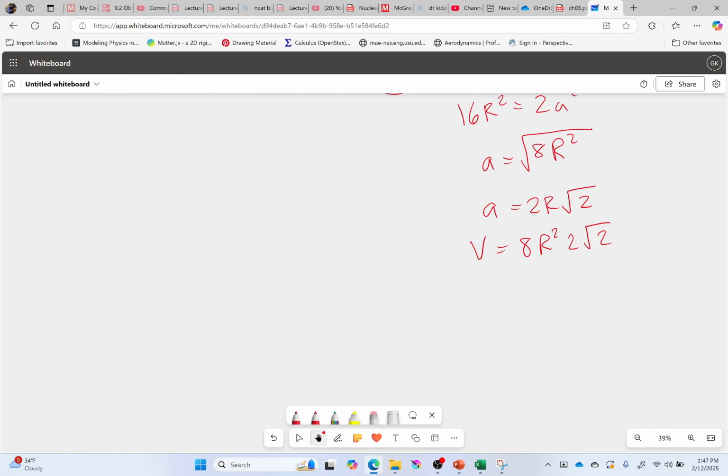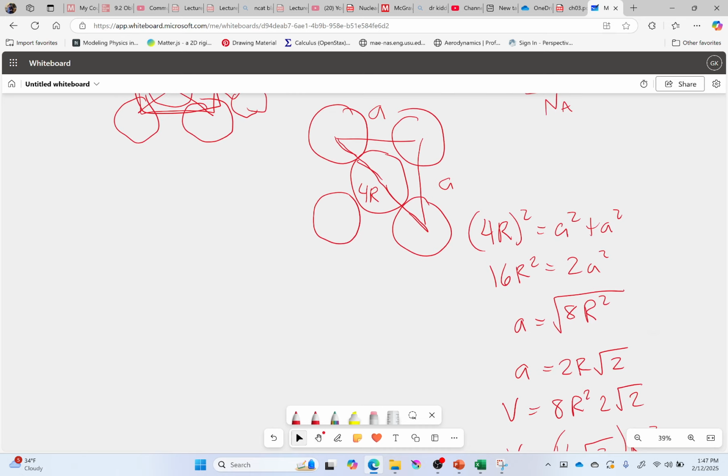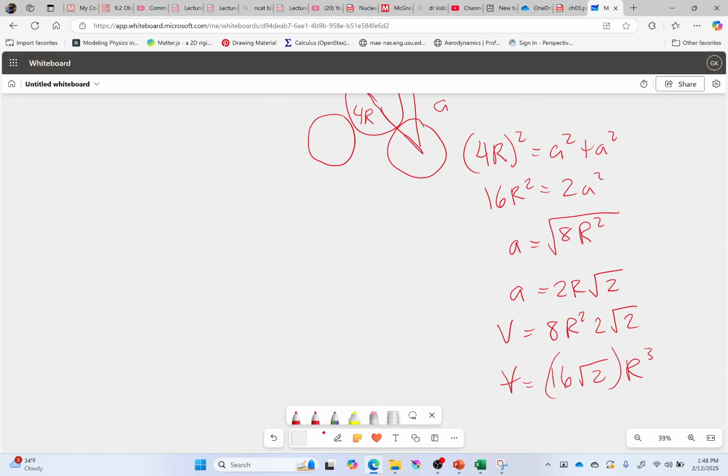And my volume would therefore be equal to 16 square root of 2, all times the radius cubed. That works out pretty good, so long as I haven't made some horrible mistake. Nope, that checks out.